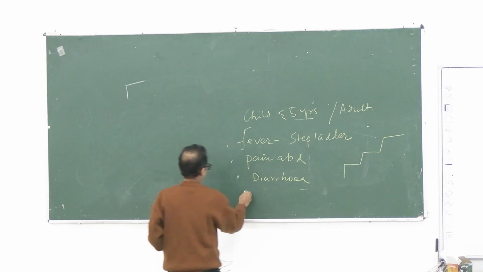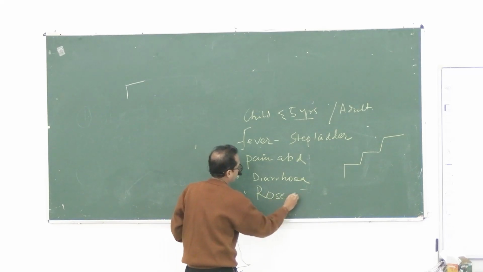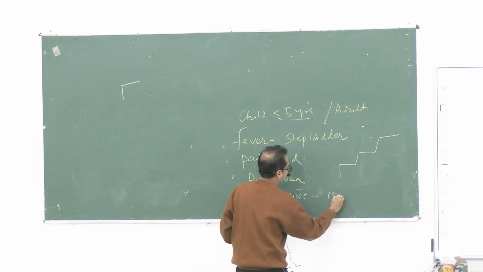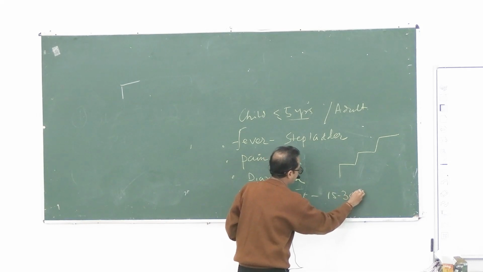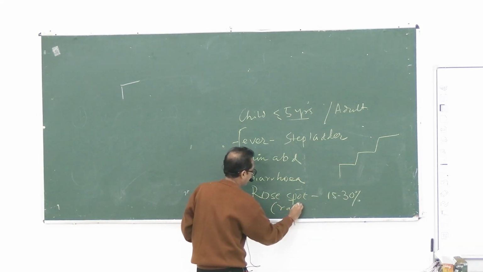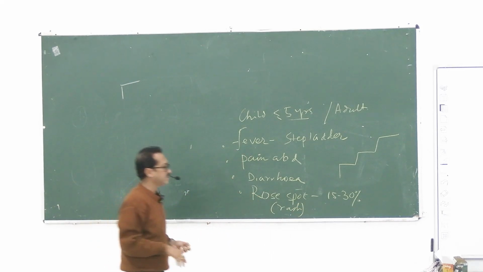Another thing is rose spot. It may be present in 15 to 30% of patients. Rose spot means a rash. These are the features.